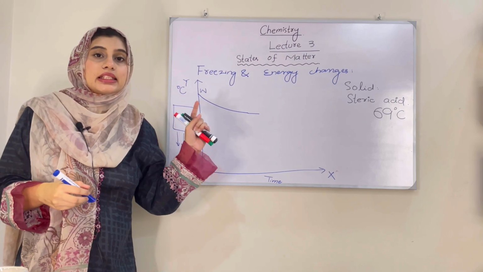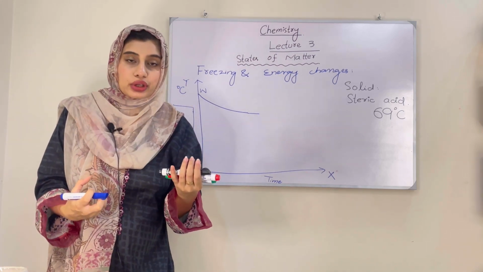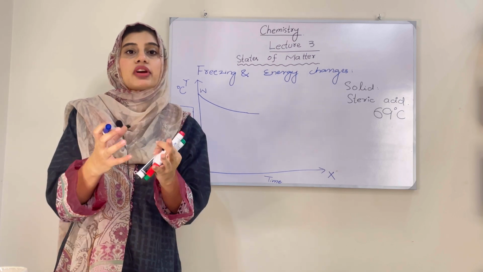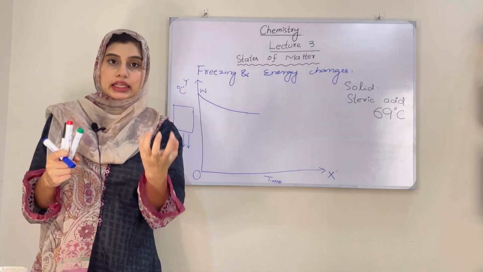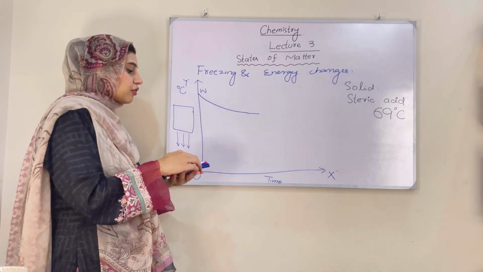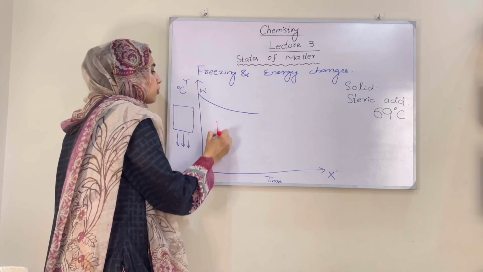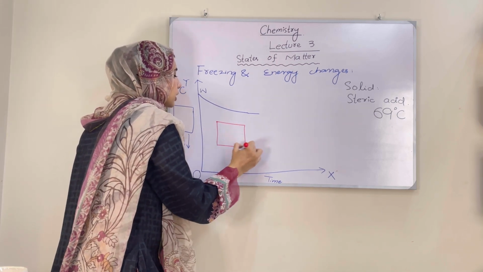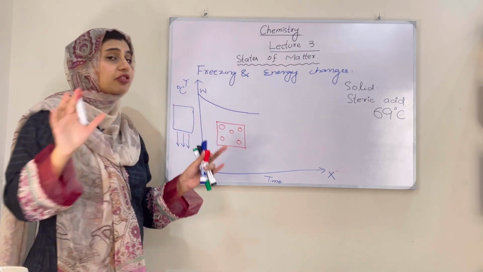By decreasing the temperature, we are extracting some sort of energy, and when we are extracting some energy, the motion of the molecules decreases and molecules will start coming close to each other. So if I draw the diagram of gaseous state, it will look like this. These are the molecules of gases very far from each other.